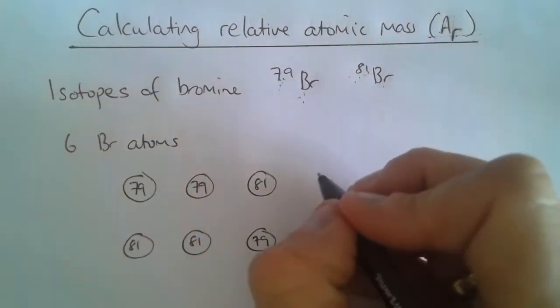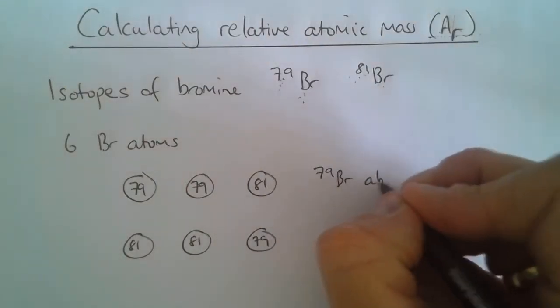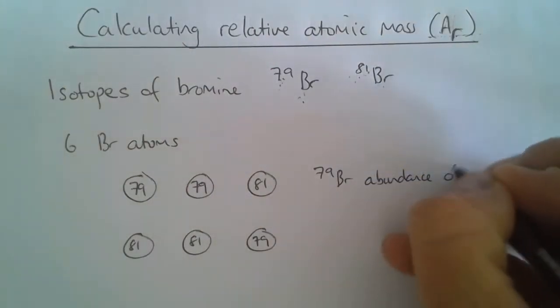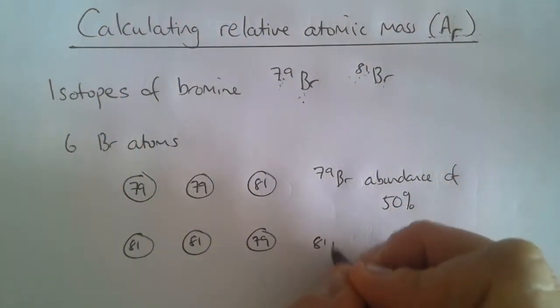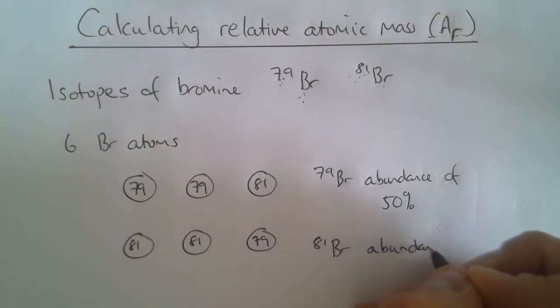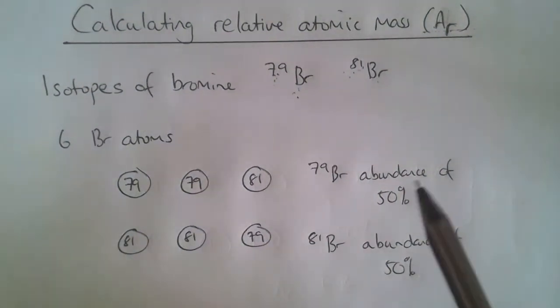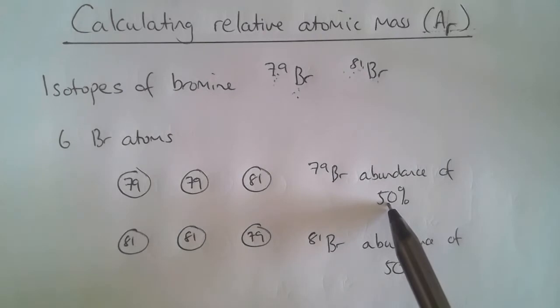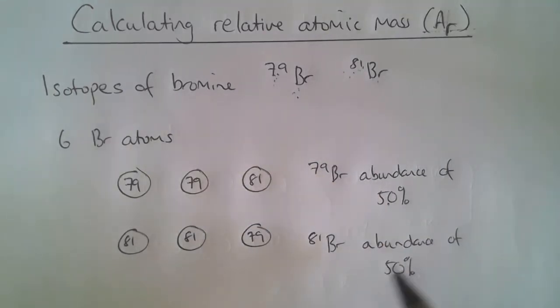What we can say from that is that bromine 79 has an abundance of 50%, and bromine 81 has an abundance also of 50%. What that means is, in a sample, 50% of all bromine atoms will have the mass of 79, and 50% will have a mass of 81.